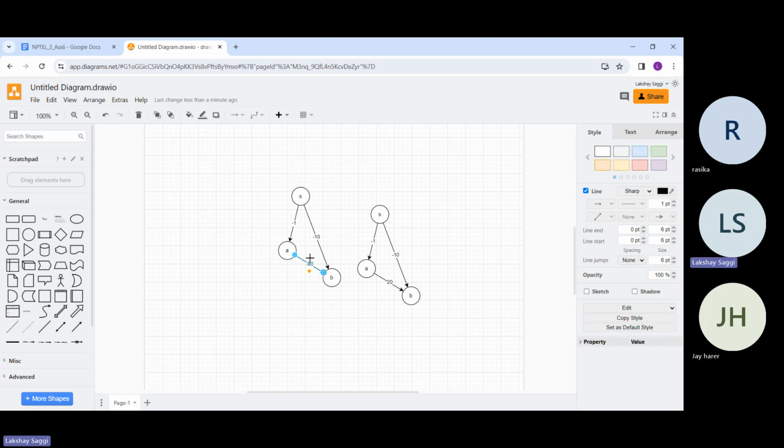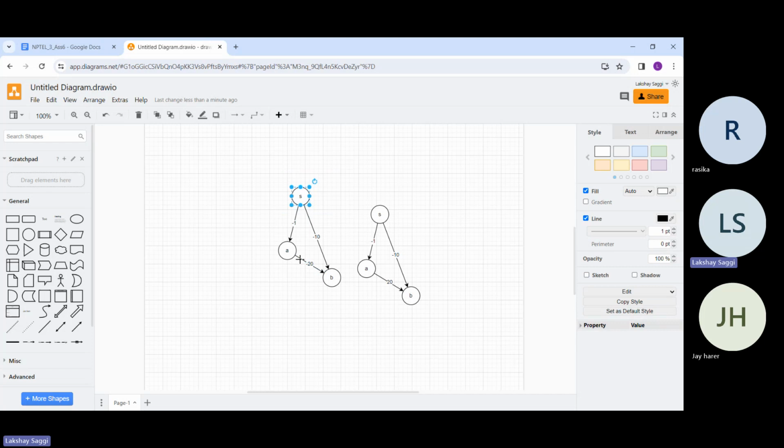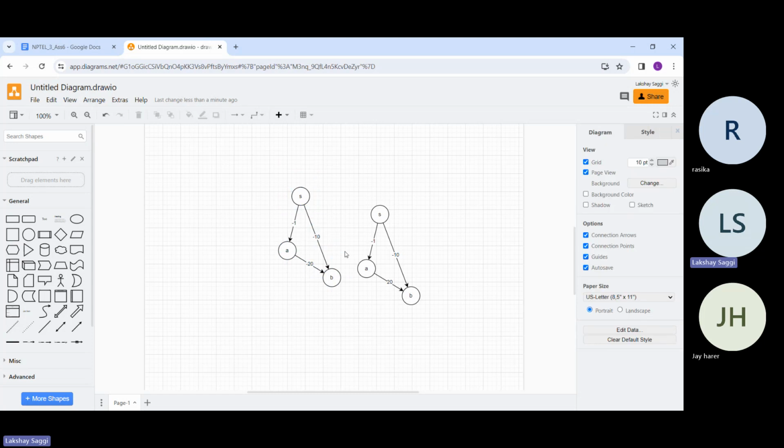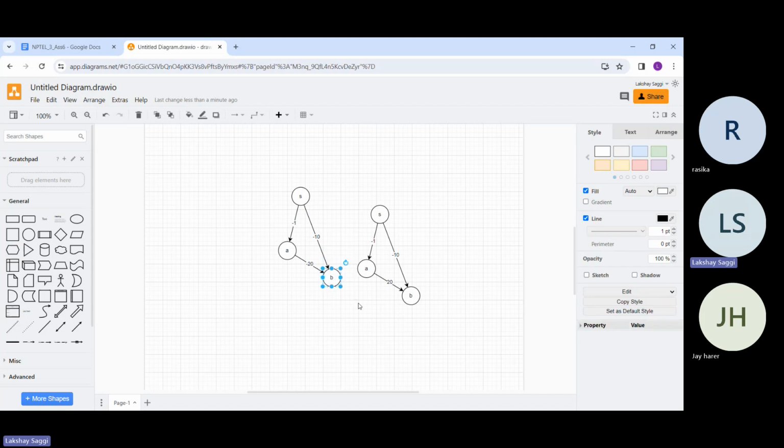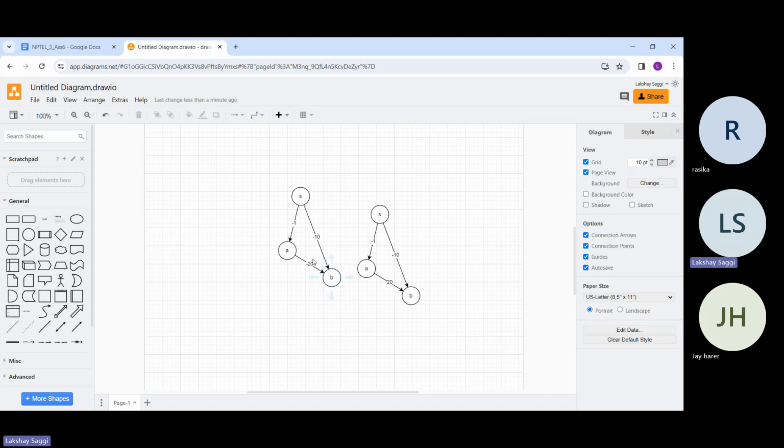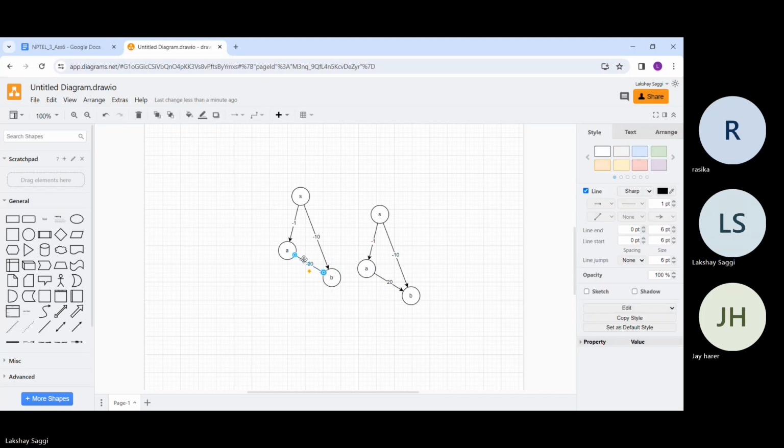But right now, since this -20 is not visible to S, S only looks at its neighbors, and it can only see this -10. So that's why S fixes the distance of B to -10. But if B had some other edge like this, then this -10 would have been incorrect.